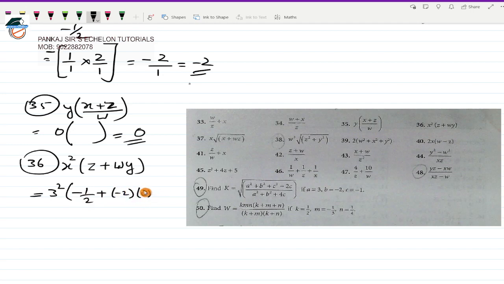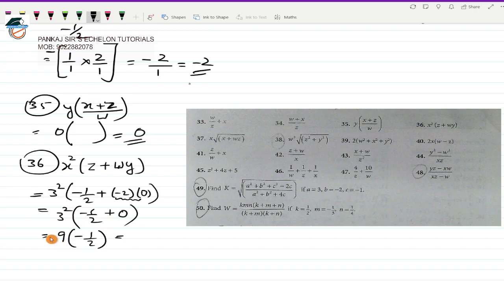Now we'll work from the inside. -2 into 0 will work out to 0 because anything multiplied by 0 is 0. So this becomes 0 plus -1/2. 3 square can be written as 9, and -1/2 plus 0 will be -1/2.